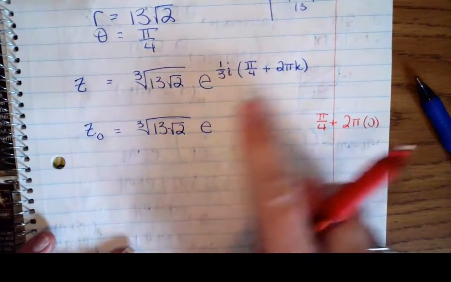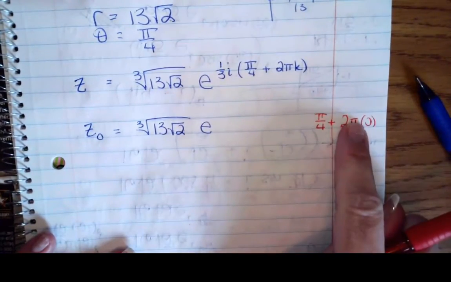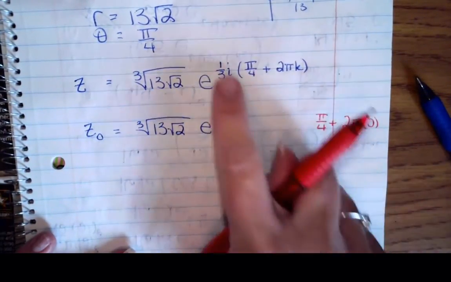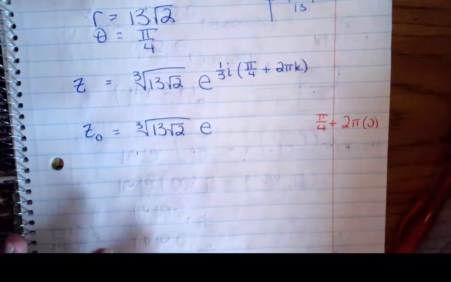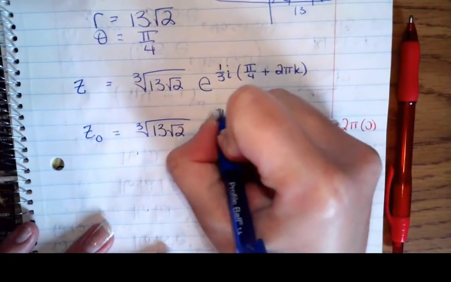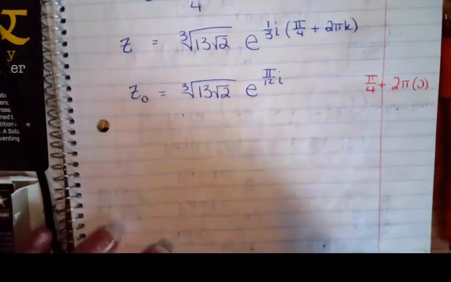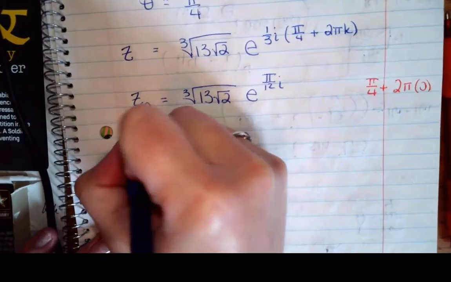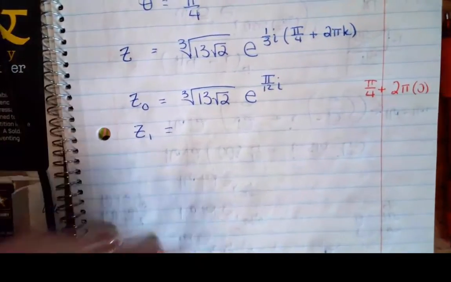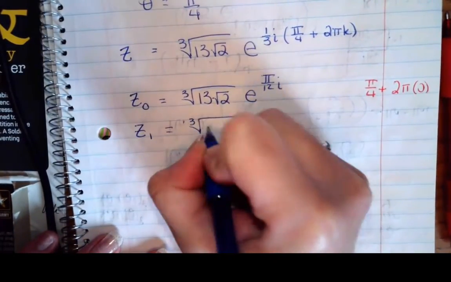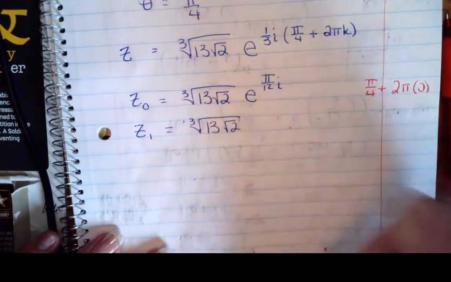See the 0? Okay. So that's just pi over 4. Well, pi over 4 times 1/3 is pi over 12. So I've got pi over 12 times I. So that's the first one. The second one, which is z sub 1, is going to be the cubed root of my radius.